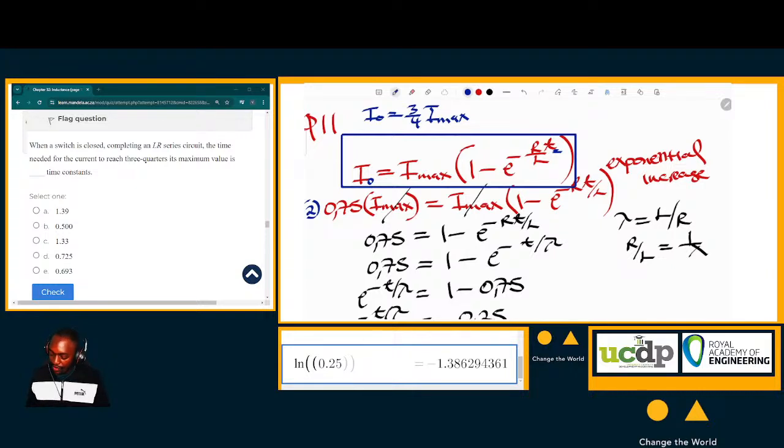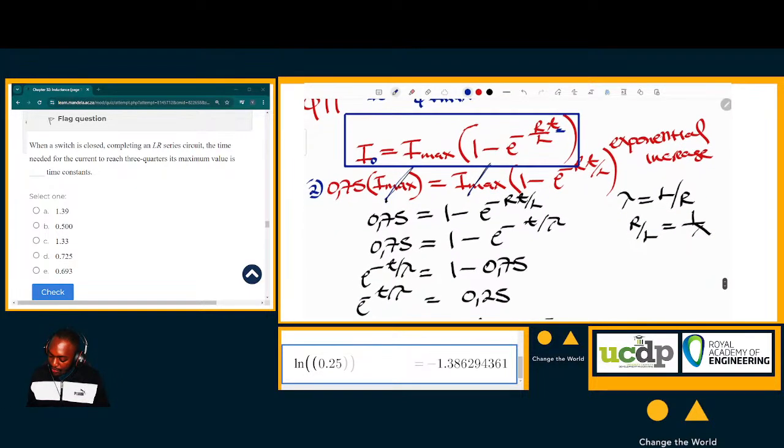We've substituted I naught with 0.75, which is 3/4 of the maximum current. Then we cancel out the maximum current on both sides. We remain with 0.75, and this becomes our equation 3.